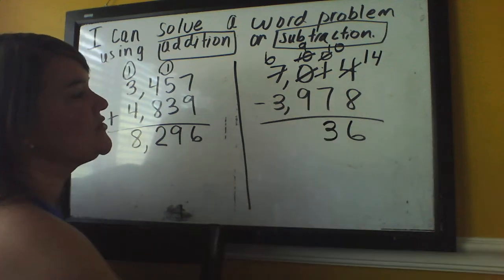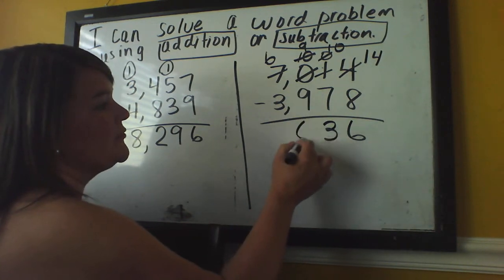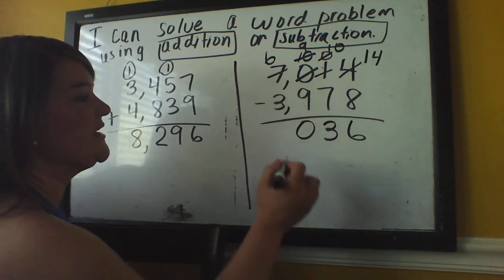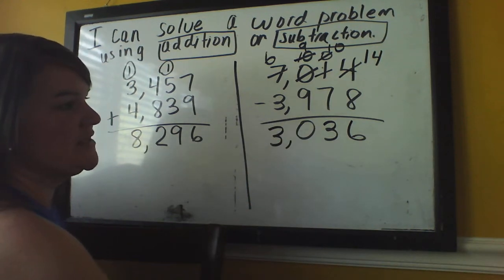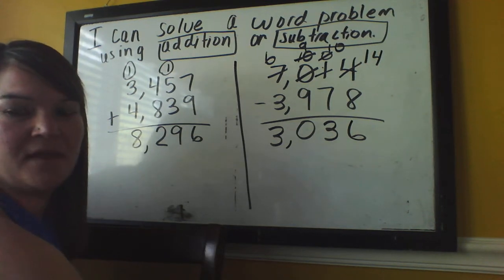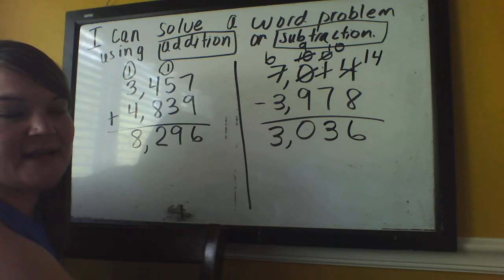I go to my hundreds, 9 minus 9, that's 0. And then I go to my thousands, 6 minus 3, that is 3. So my answer is 3,036.